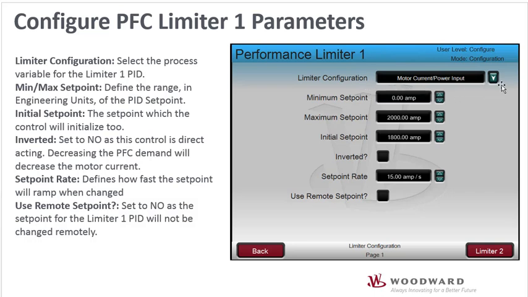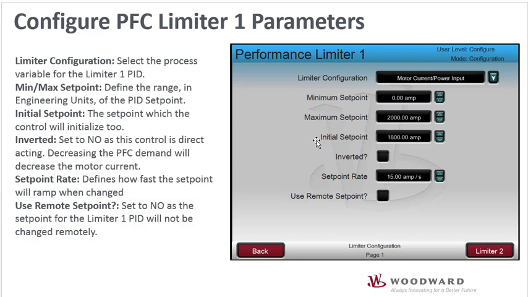Now selecting this means we need to have an associated AI configured, and we'll cover that in the next slide. But then we can go ahead and set our minimum and maximum set points. This is similar to the performance controller. This defines what the set points can be tuned to while the unit is in operation.